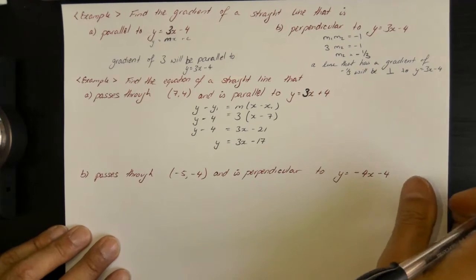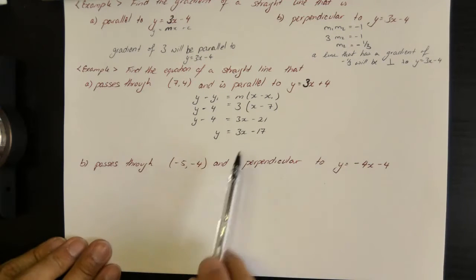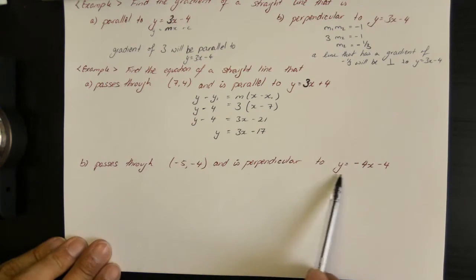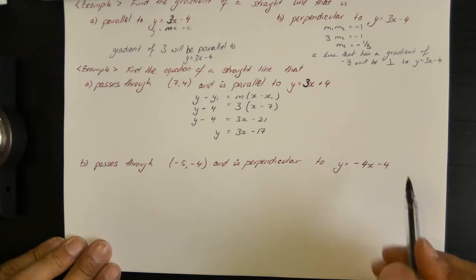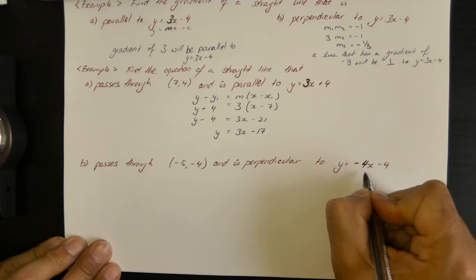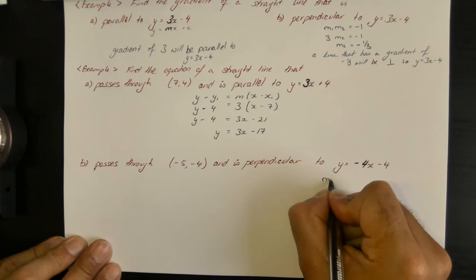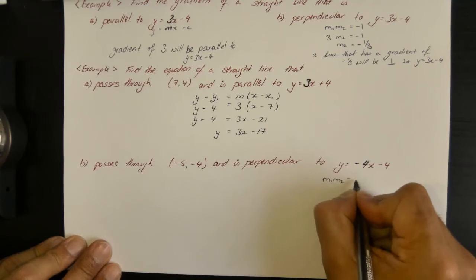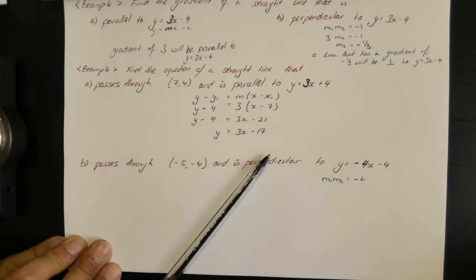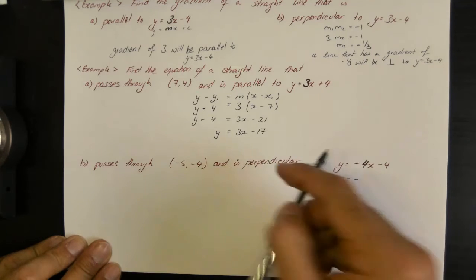Next example: I want to find the equation of a straight line that passes through this point but is perpendicular to this line. Here's my gradient, and I want something perpendicular to that, not parallel. So the product must be equal to -1.